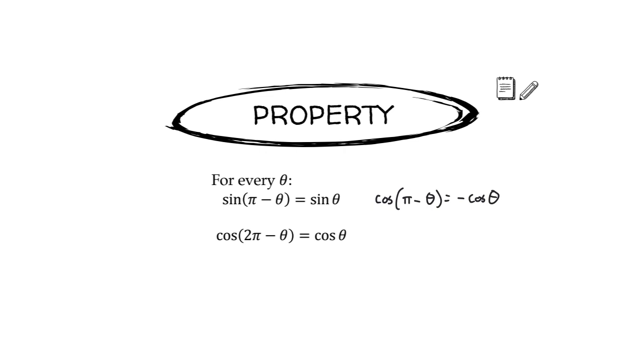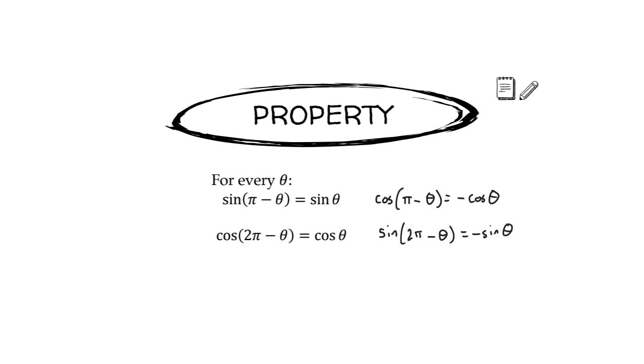You could put the minus on the left or the minus on the right there. Meanwhile, cosine of 2 pi minus theta, now we're talking x-coordinate, that's equal to cosine theta. If I asked the same thing about sine, we could write it like this. And again, the negative could go on the left or the right.